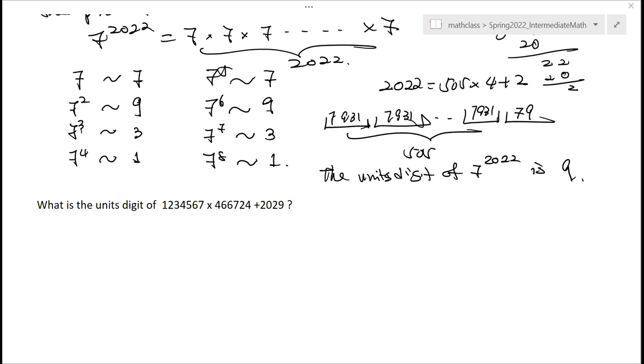All right, anyone have answers? What is the units digit? Just give me one number, one units digit. Don't give me the product.